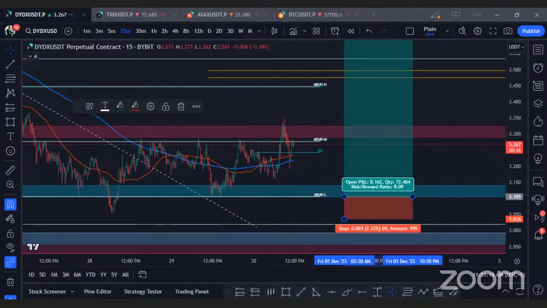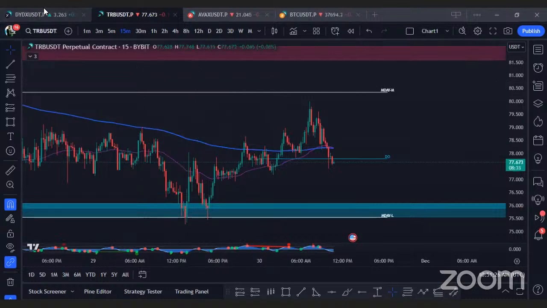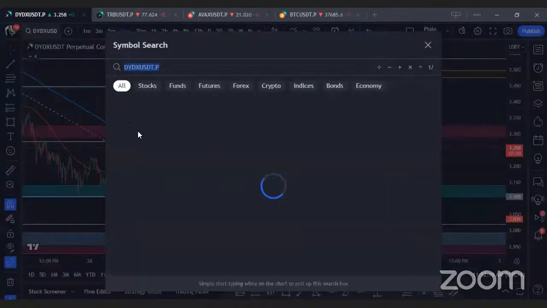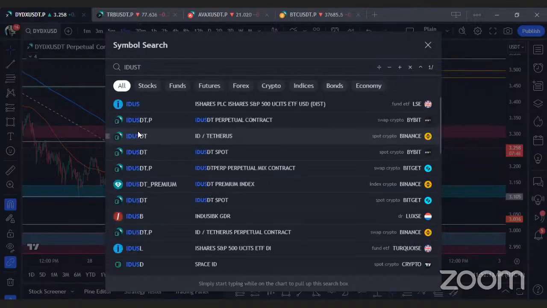All right, so I sent this trade yesterday, though there was a mistake.